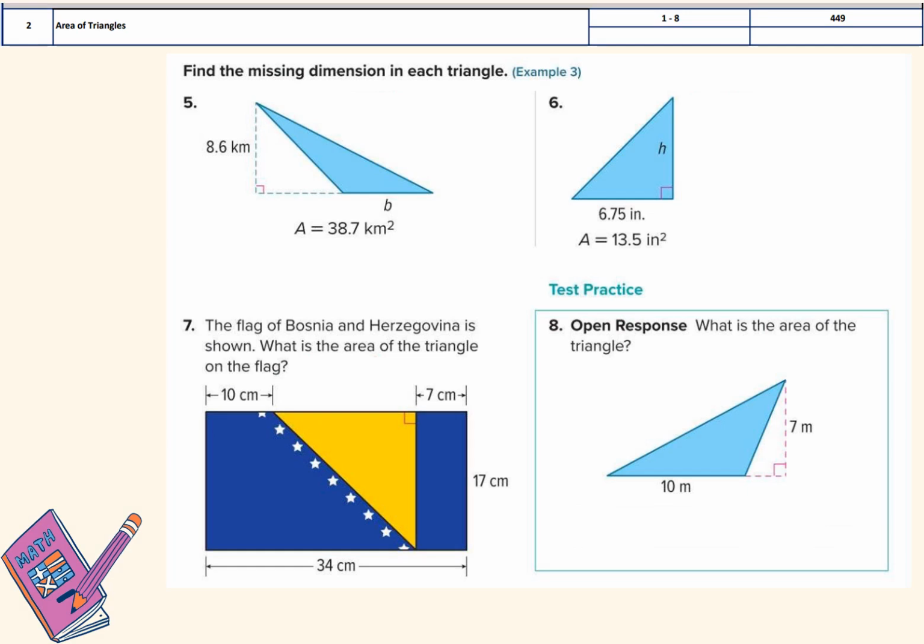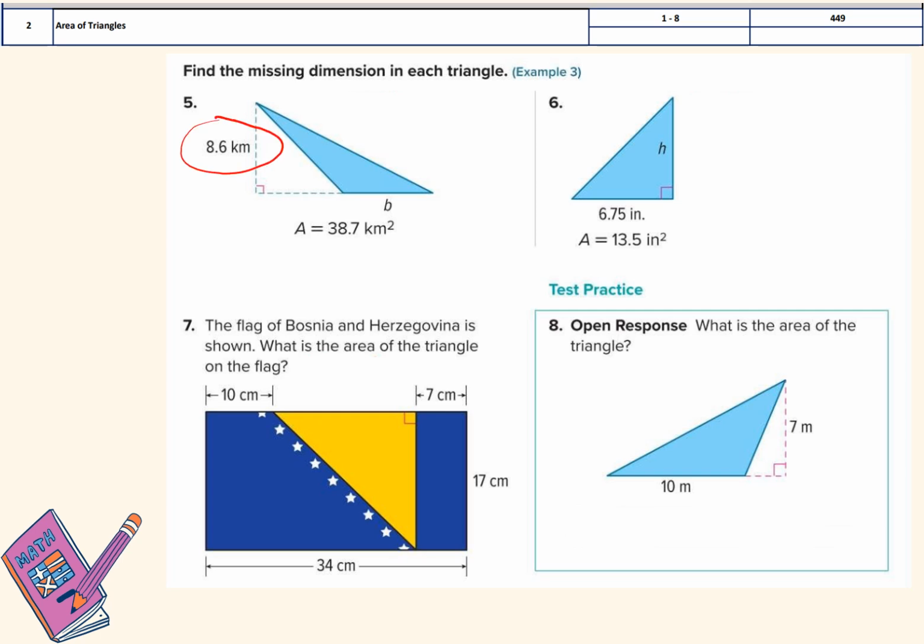Let's continue talking about the area of a triangle. Sometimes the area is going to be given and other dimensions will be missing. So questions 5 and 6 have the same idea. I'll be solving question number 5. As you see here, the height is given, which is 8.6.